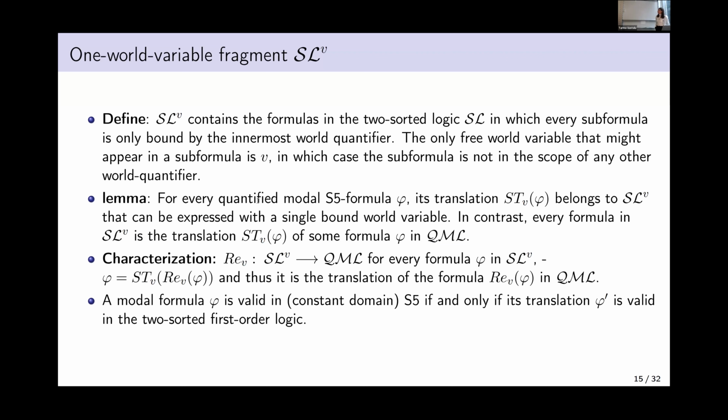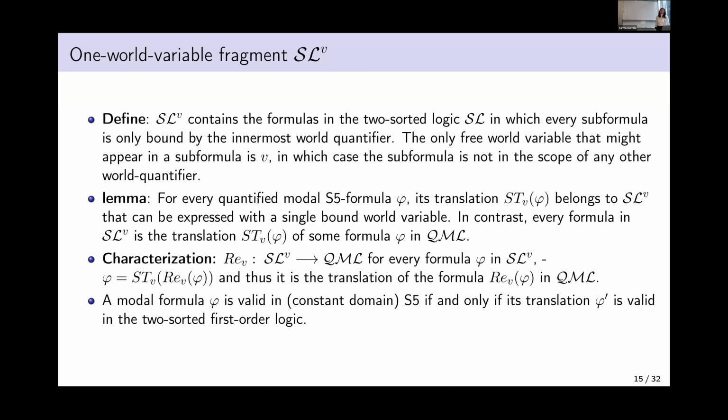So we define the one world variable fragment of SL, and let's say that SL^1 for the one variable fragment of SL contains formulas in the two-sorted logic SL in which every subformula is only bound by the innermost world quantifier. And the only free variable that appears is the world variable.